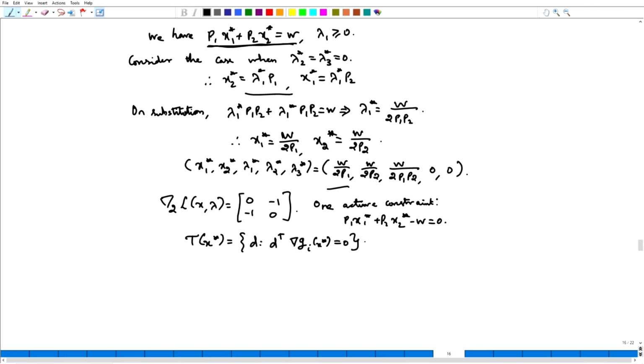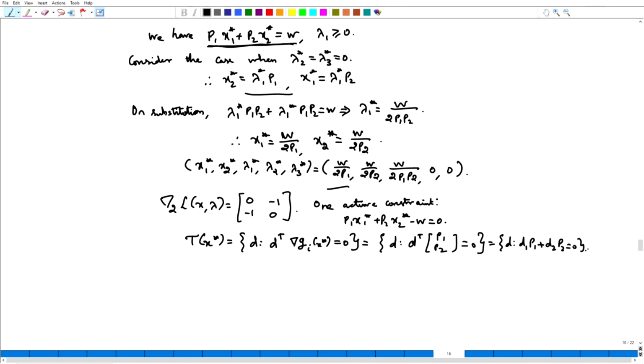There is only one g i for which this happens, because there is only one active constraint, and so it is d such that d transpose p1 p2 equal to 0. So, it is the set of all d for which d1 p1 plus d2 p2 equal to 0.